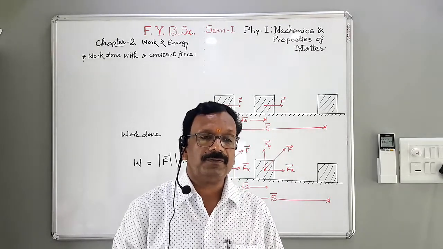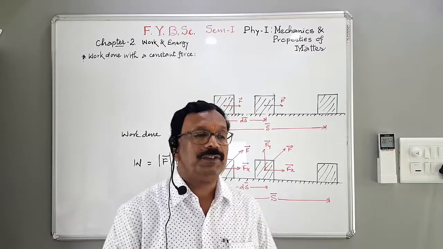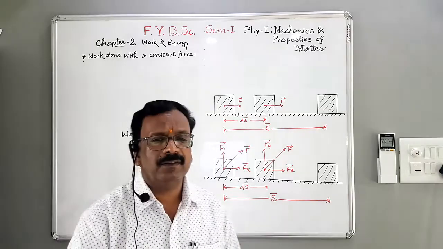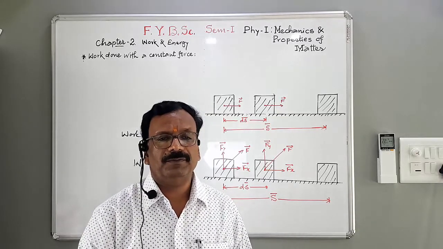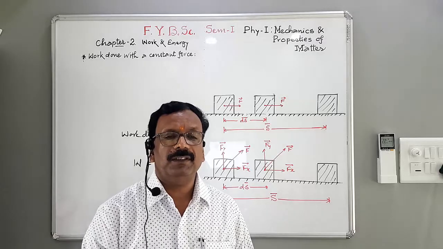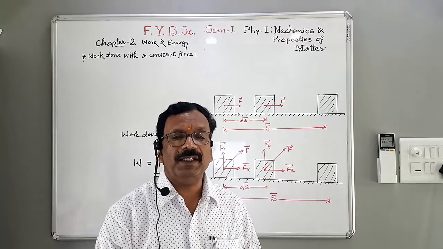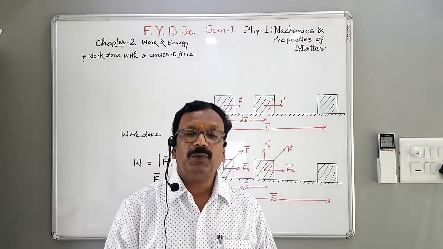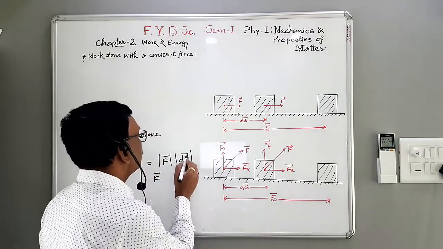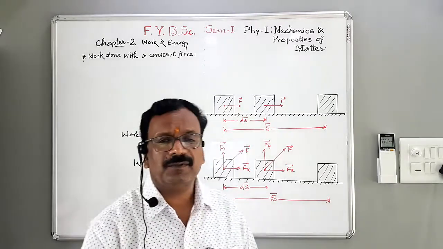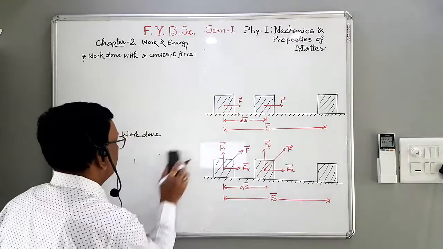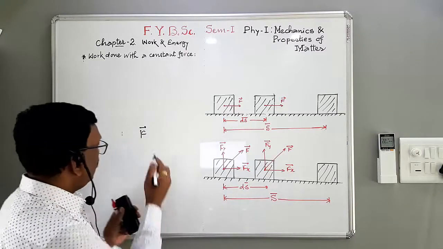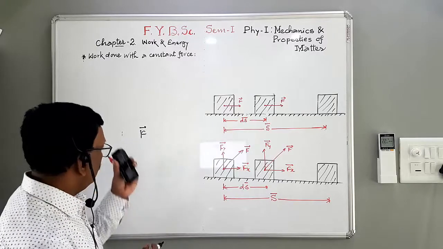Have you got it? Suppose a force F is acting on the body. Obviously, due to this force the body is displaced through a small displacement ds. Why is there an arrow above F?